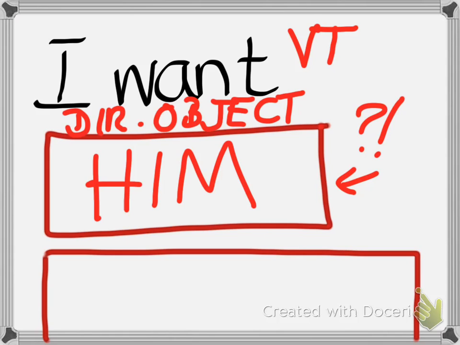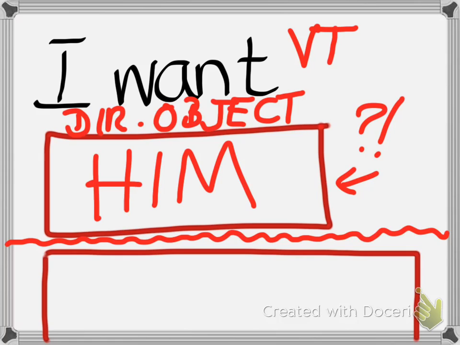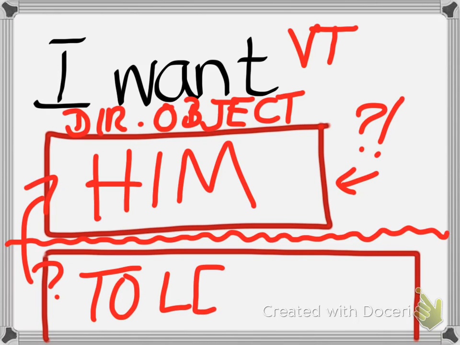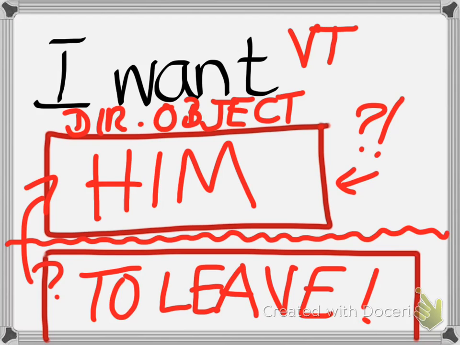But then you have an extra problem. If I want him is one complete verb unit, what happens to the next one? And that's easy. In English, if a verb does not have a subject, or the subject would be the same as another verb it's connected to, you put it in infinitive, like that.